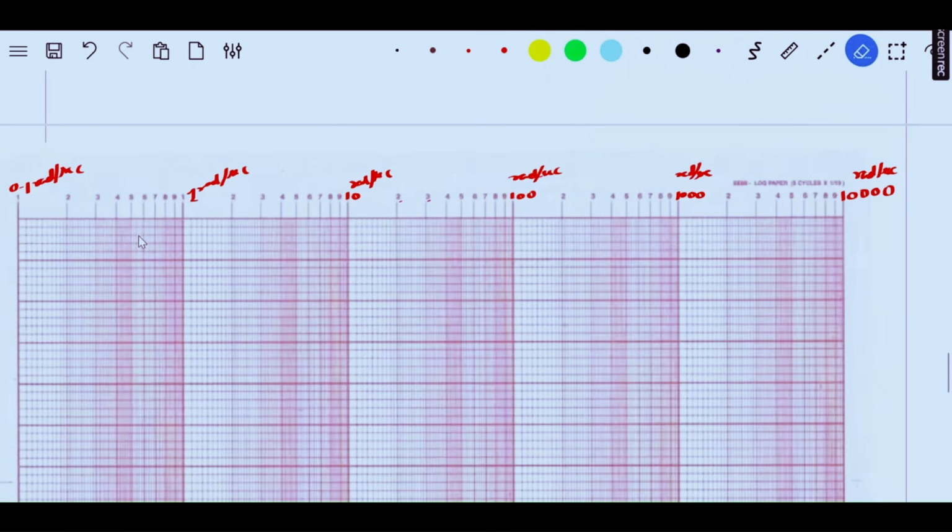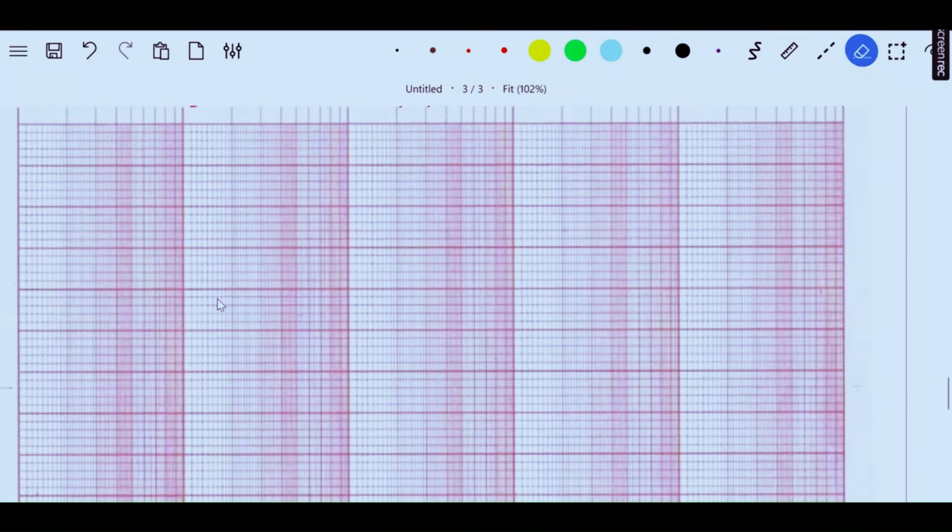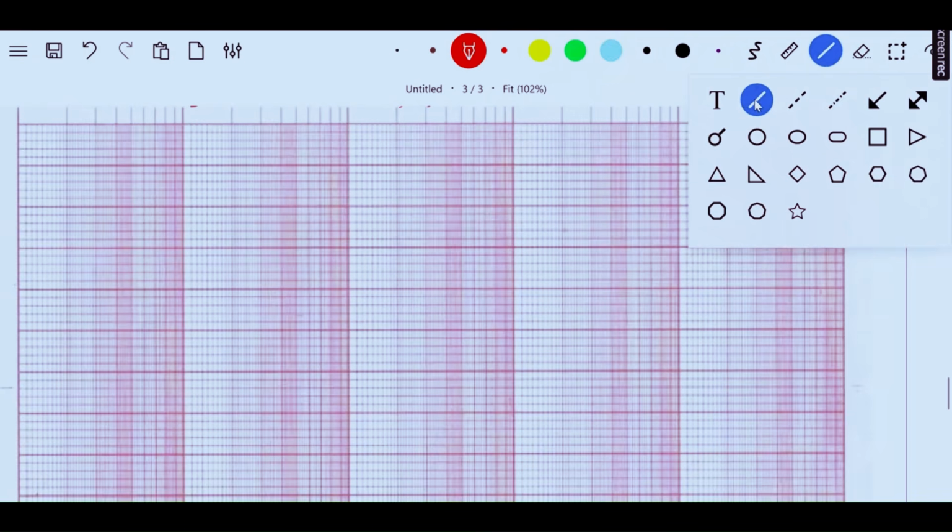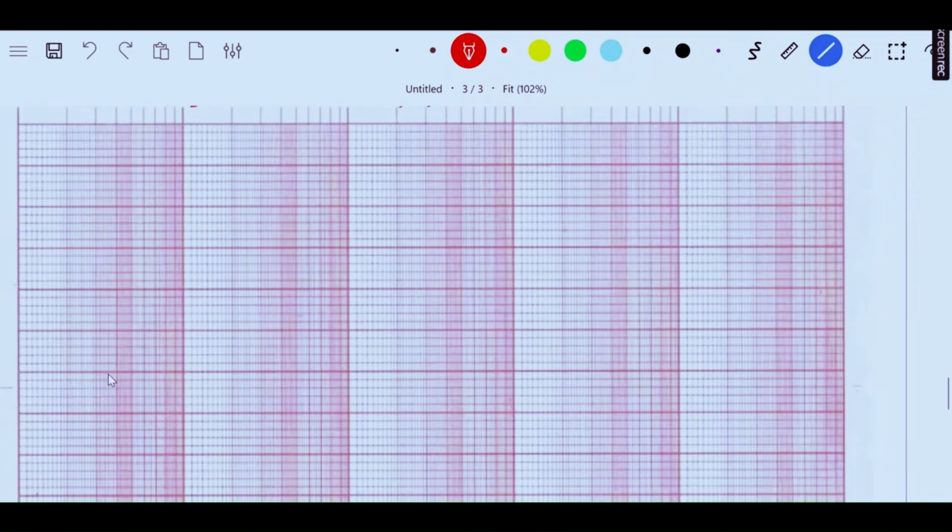Okay. Now I need to divide the y-axis. I need to mention the y-axis. So let me start from here. It is the 0 dB line. So this is my 0 dB line.